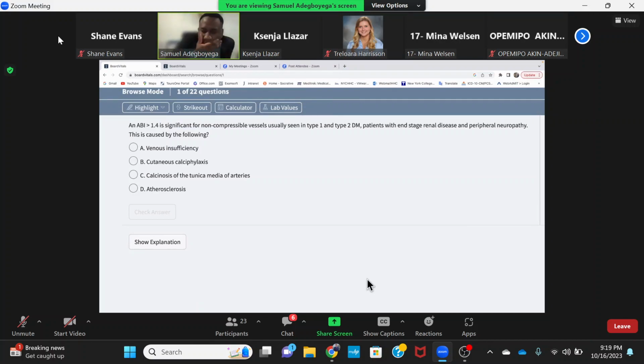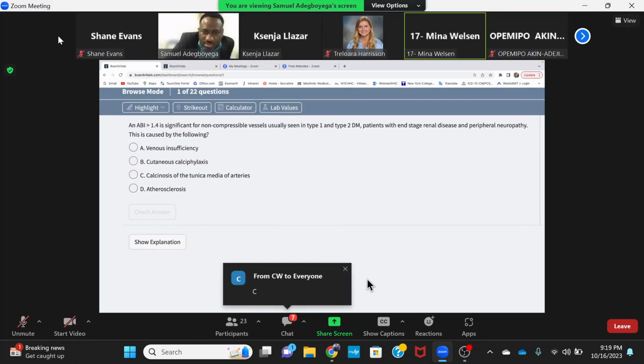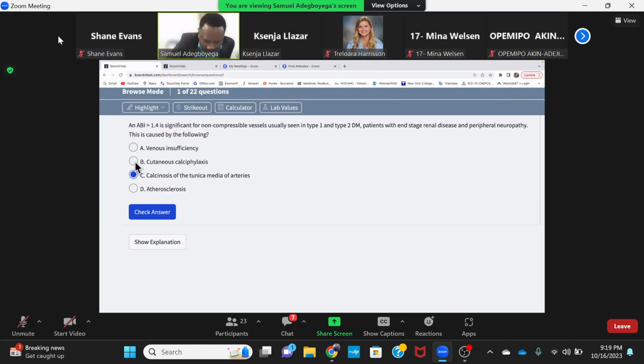C. Senya, why do you think B is correct? B is only caused by end-stage renal disease, so that's what drew me to it. I have not done this question though, so I'm just guessing.